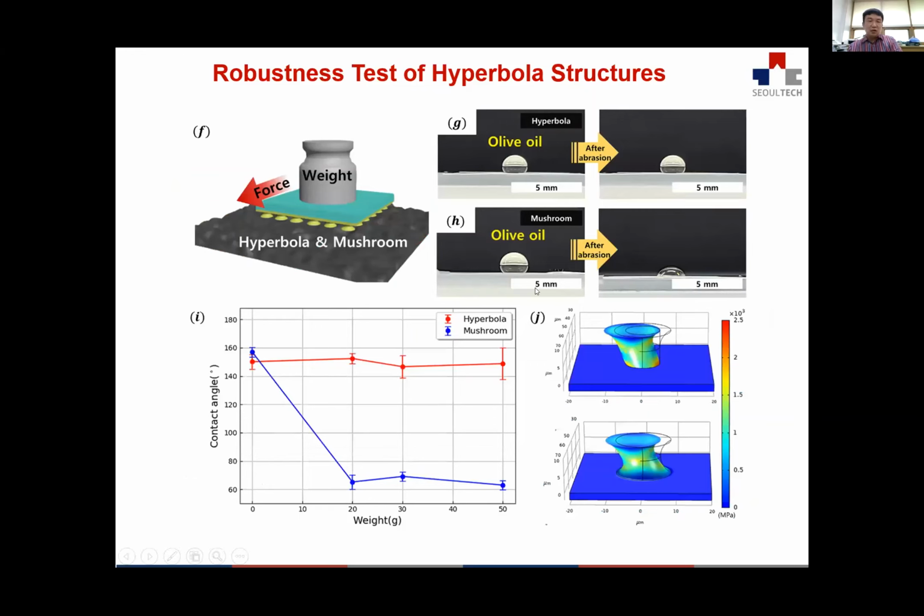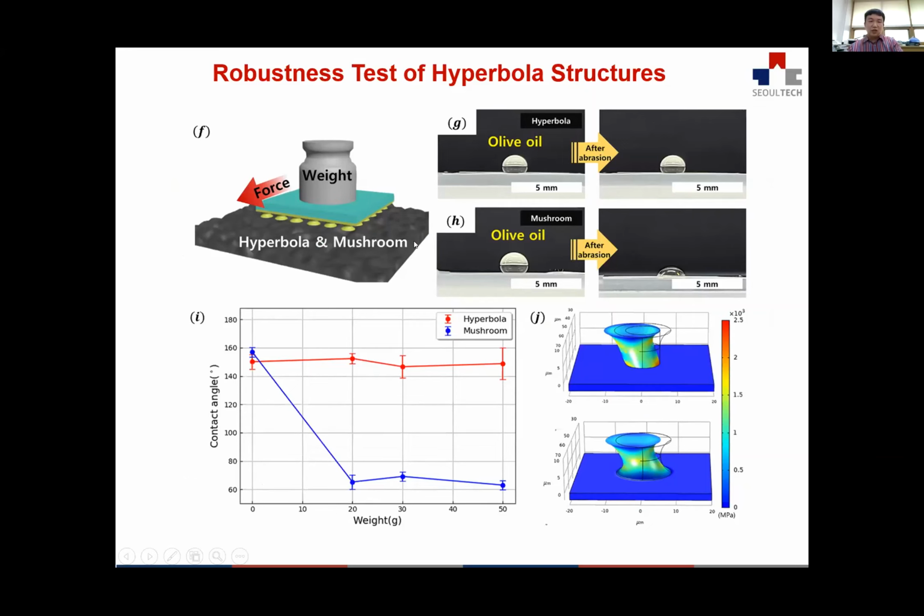So for the quantitative analysis, we load the weight on the film with the hyperbola structures. Then we pull it on a sandpaper for applying the shear stress.